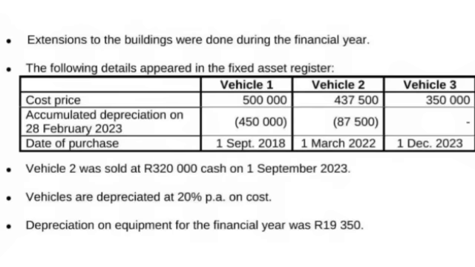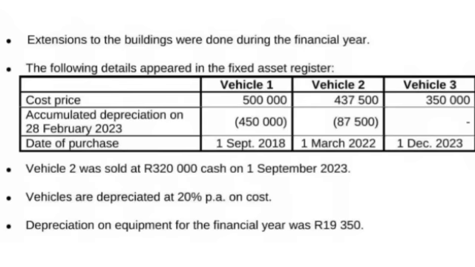Vehicle 2 had 500 as cost and 437.5 as accumulated depreciation. And when it comes to vehicle 3, we only have 350 as cost. We do not have accumulated depreciation. They tell us in the bullet following that vehicle 2 was sold for 320 on 1 September 2023.